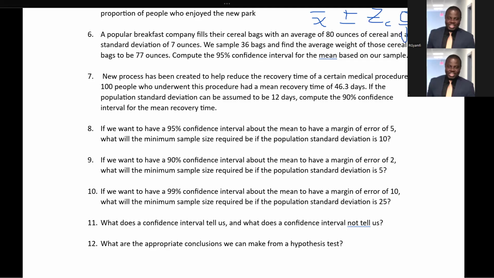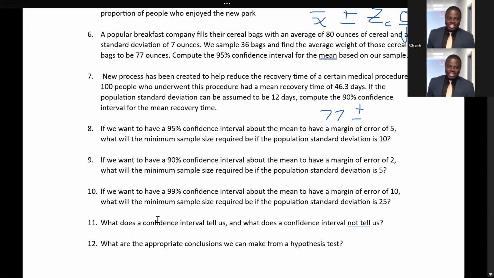That's the formula: X bar plus or minus the critical value of Z times the population standard deviation divided by the square root of n. Now, let's plug our numbers in. The sample mean is 77 plus or minus our Z. You could get the Z from the chart.